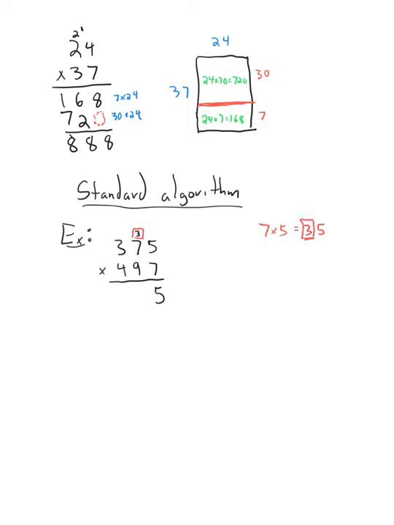So you can see why we put it over the tens digit when we're multiplying our ones, because this 3 actually stands for 3 tens. So the place value of that 3 is the tens place.